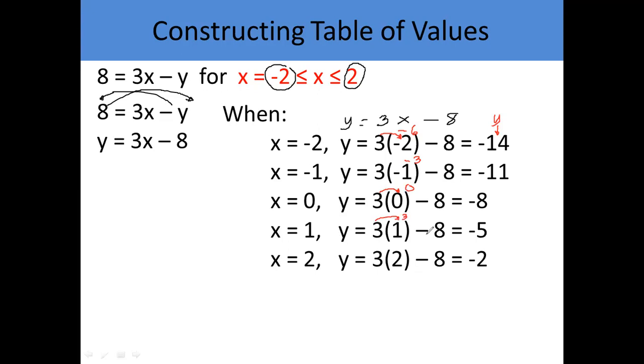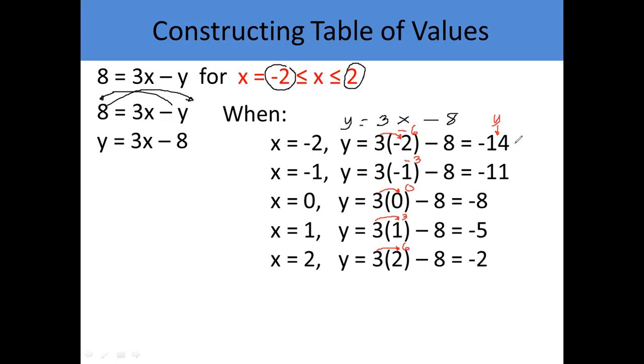Positive 3 combined with negative 8, we get negative 5. If x is 2, 3 times 2 is 6. Positive 6 minus 8 is negative 2.